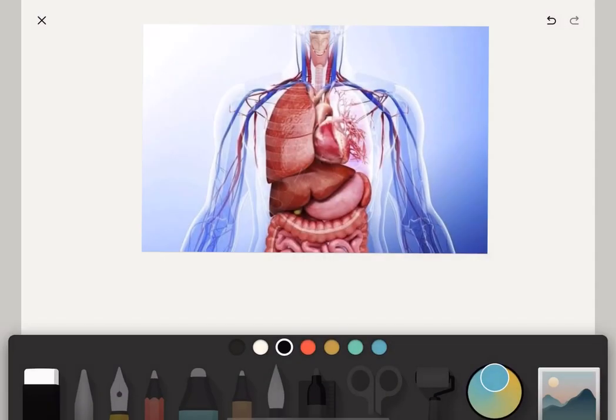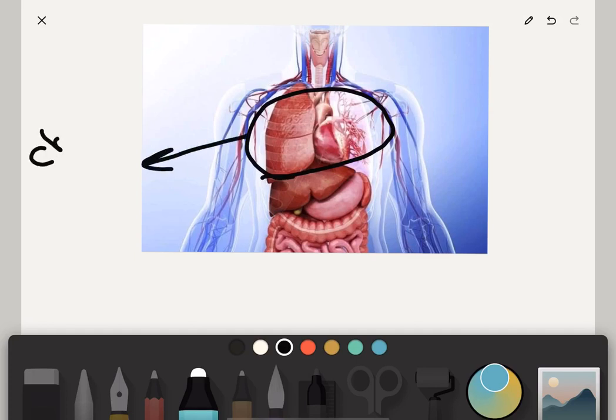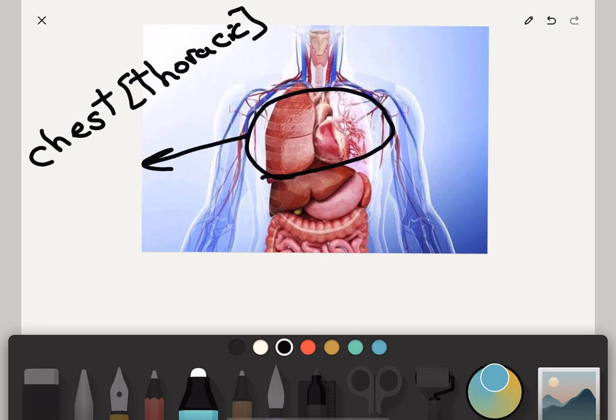The human body has two cavities. The first cavity exists in here and is called the chest or thoracic cavity.